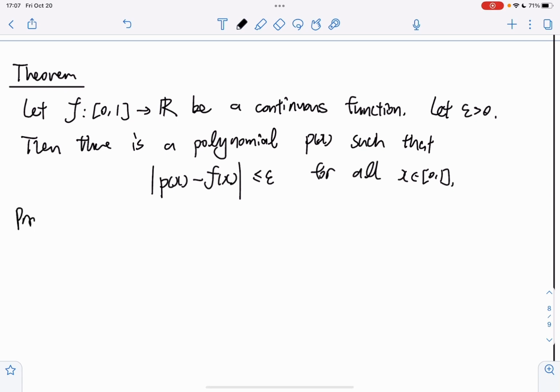It was proved in the last century; Bernstein gave a very nice probabilistic proof.